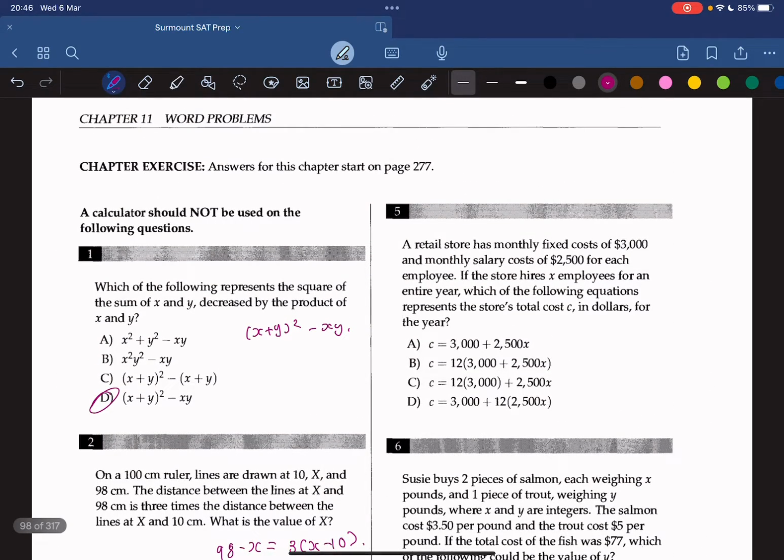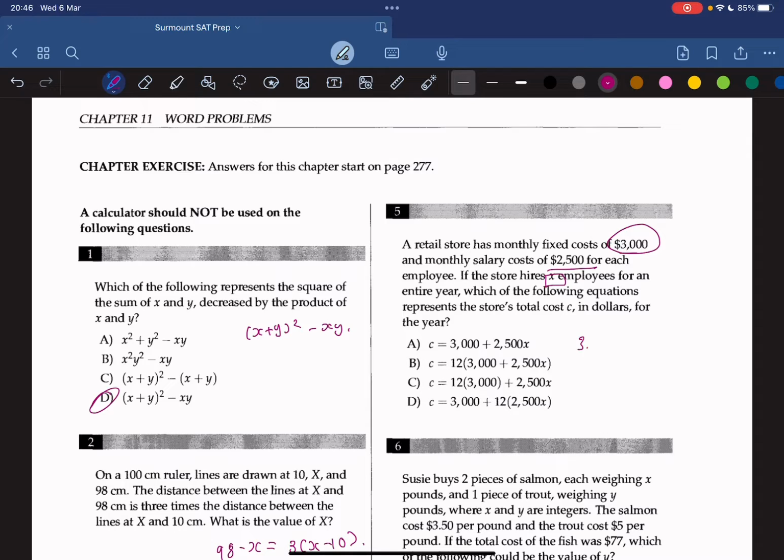A retail store has a monthly fixed cost of $3,000 and a monthly salary of $2,500 for each employee. If the store hires x employees for an entire year, which of the following equations represents the store's total cost, in dollars, for the year? So we know that the fixed cost is something that doesn't change over time.